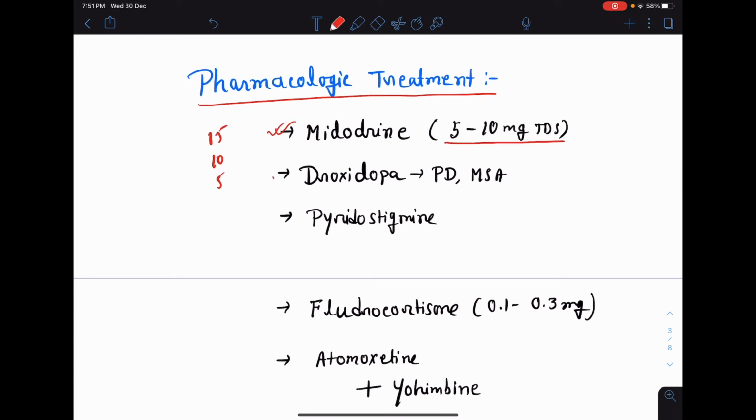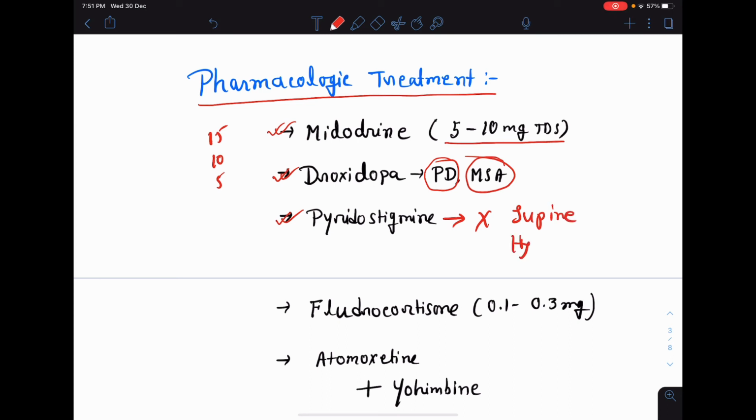Droxidopa can also be used for certain specific neurological diseases like Parkinson's disease or multisystem atrophy. Pyridostigmine can also be used, which enhances ganglionic transmission, and it is probably the only drug which does not cause supine hypertension.